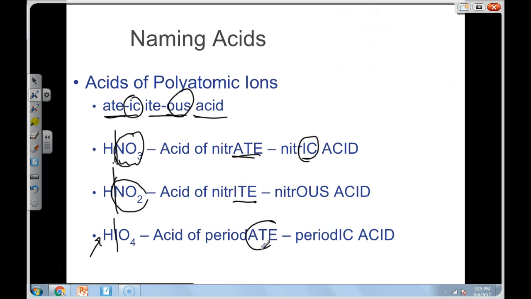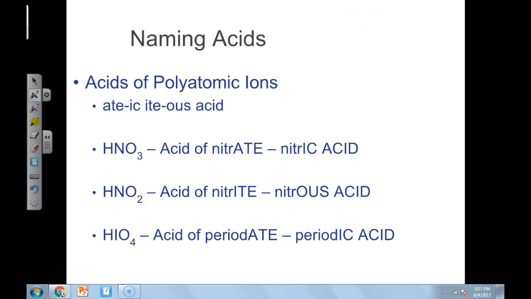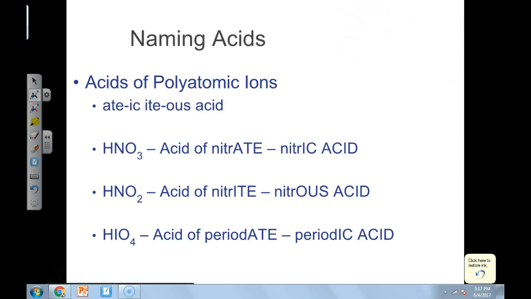We drop the ate and add ic. This is where pronunciation comes into play. It looks like periodic acid, as in the periodic table, but it's pronounced per-iodic acid, and I would much prefer to hear per-iodic acid. So that's adic-itis for naming acids of polyatomics.